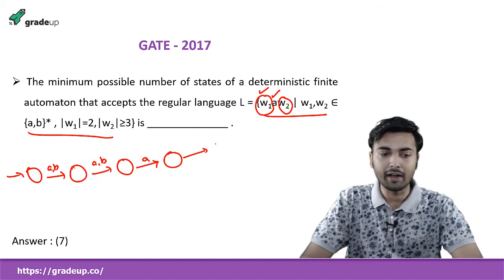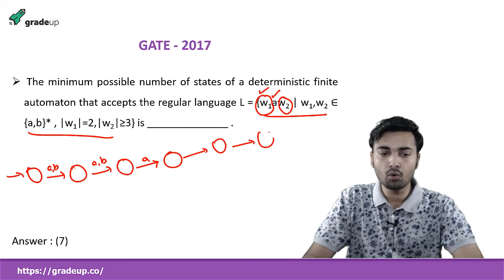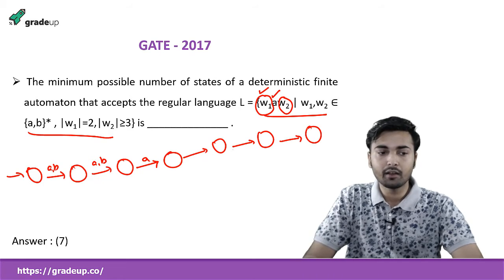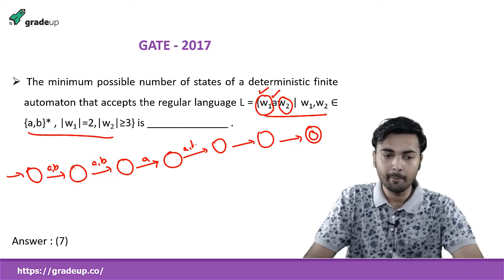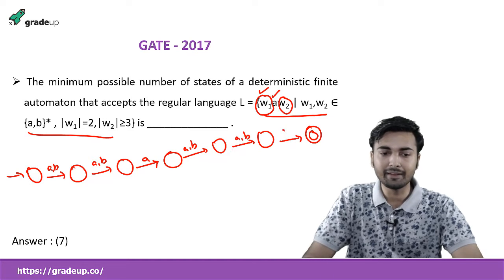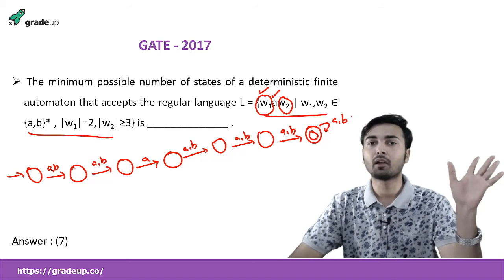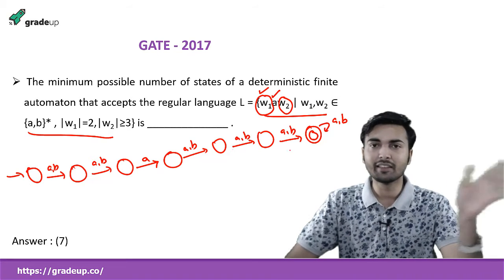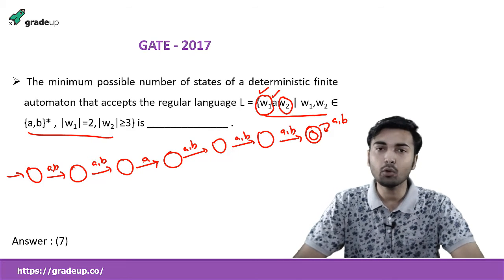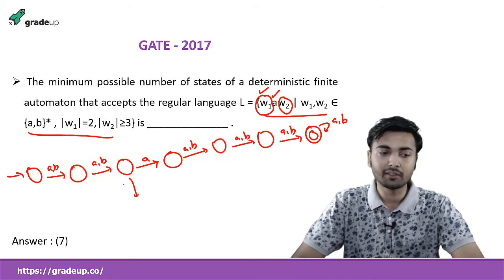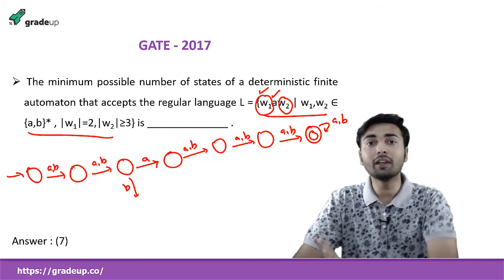So length 1, length 2, length 3, and now it is accepted. Anything can come now. So this is the finite automata. Now look, A and B, but here only A. If a B comes after W1, only A can come.